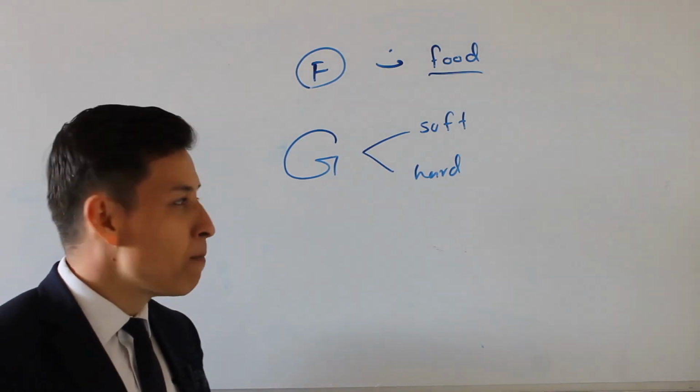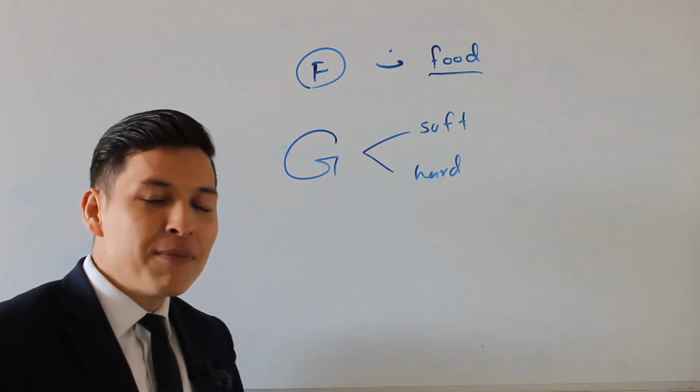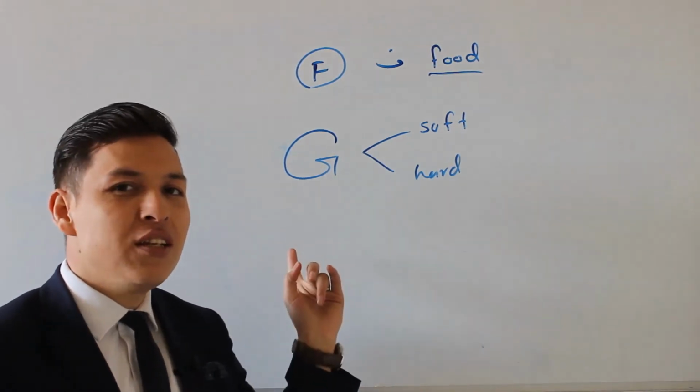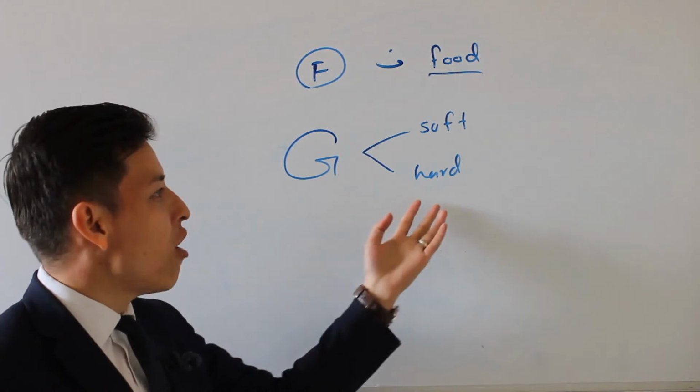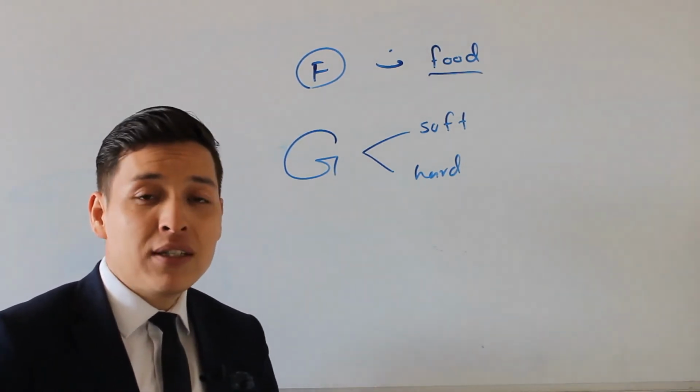What is soft G? Soft G is when we pronounce the G as J, and hard G is where we pronounce it G.